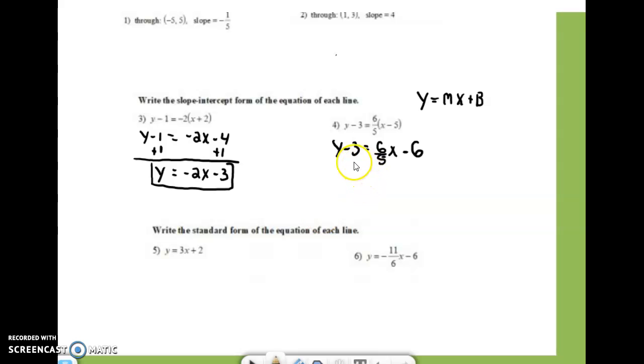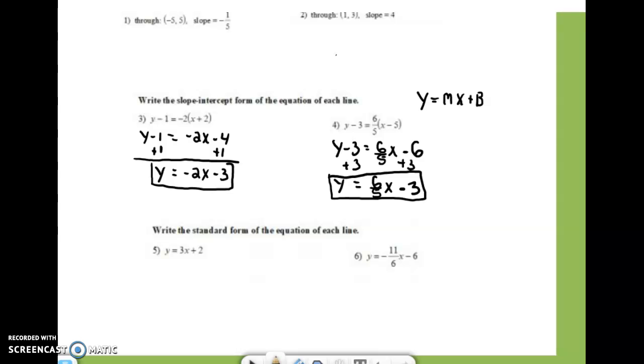And then I am going to remove the 3 by adding it. And you'll notice you have 6 over 5x, which represents my slope. 6 plus 3 is 9. And you could go ahead and graph that if you needed to, okay?